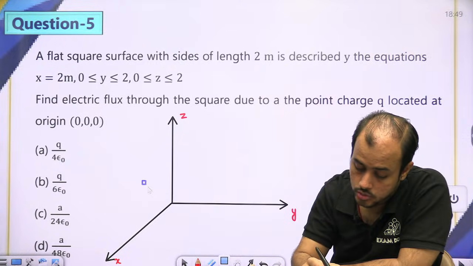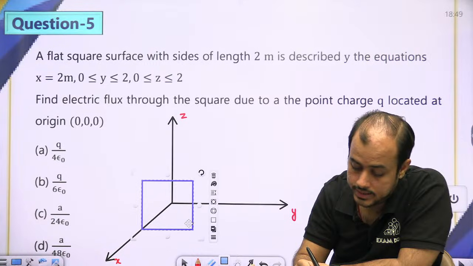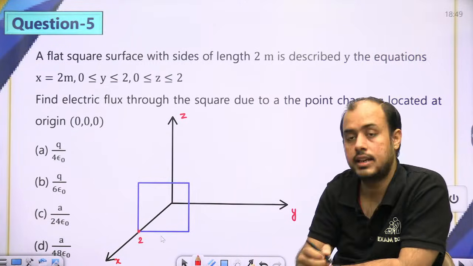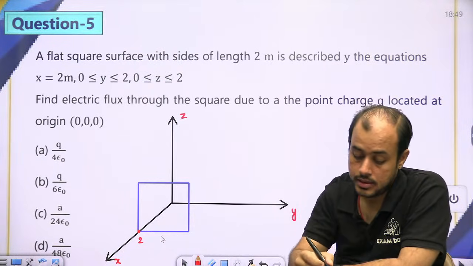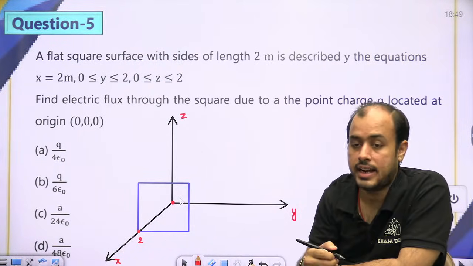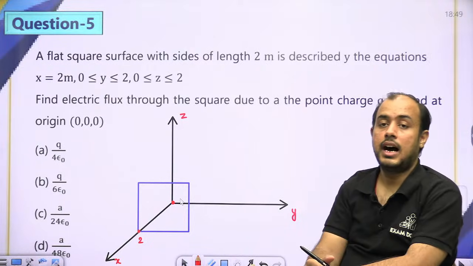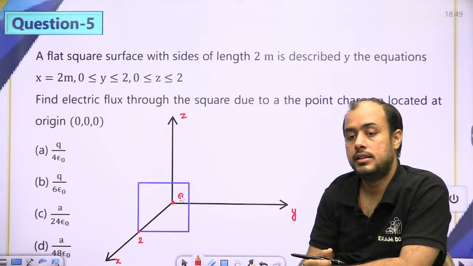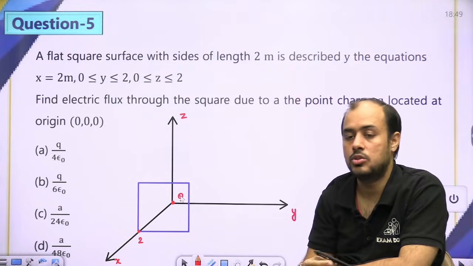Now x is 2, y and z are varying from 0 to 2. Okay? This is the surface. Now the charge is kept at the origin. Now we have to tell how much flux will come because of it when the charge is kept at the origin.